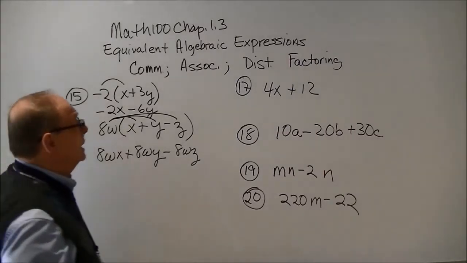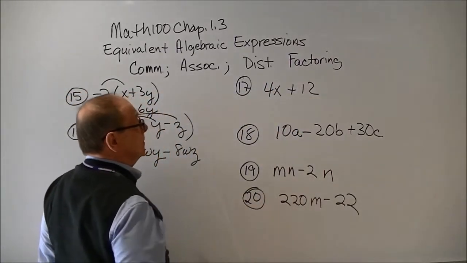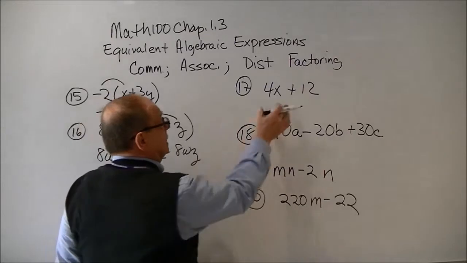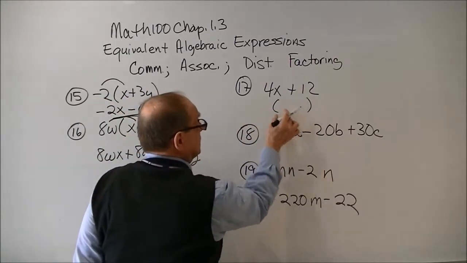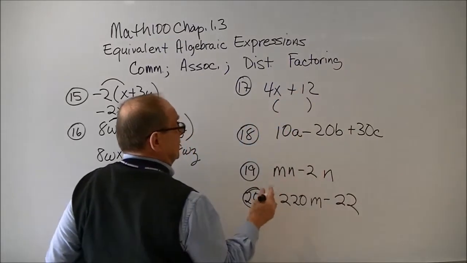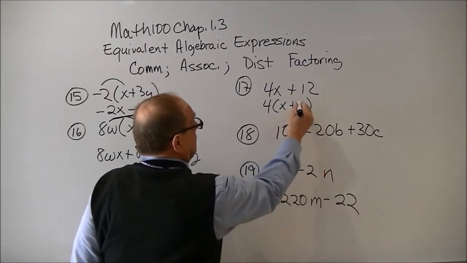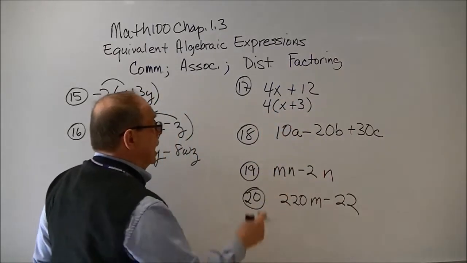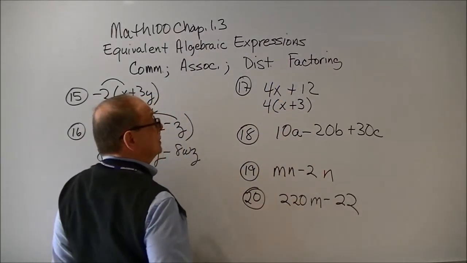Now here they want us to factor for these 4. And as we look at the 2 terms, we're going to need a parenthesis for 2 terms, and then we're going to factor something out of each of these. And it would be a 4. Now if you distribute, you want to get to what you started with.